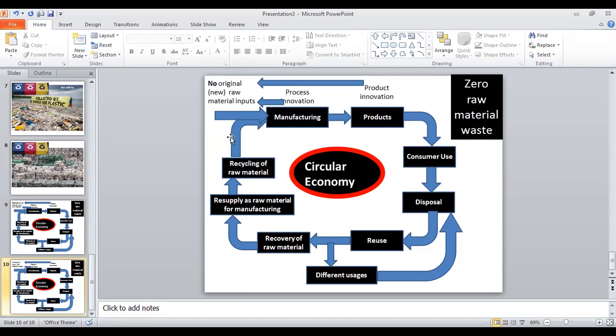Zero raw material waste means zero new raw material inputs. So that is the point.